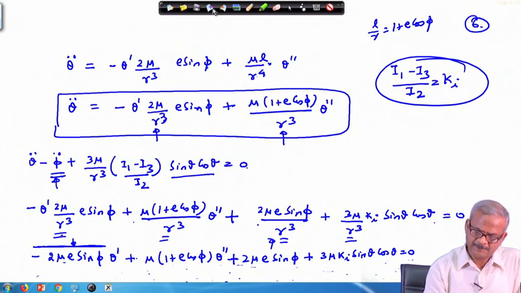So, already we have observed that theta double dot is the quantity which is shown here.